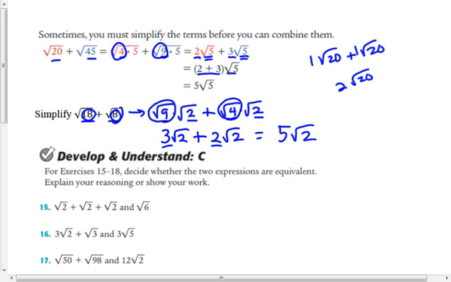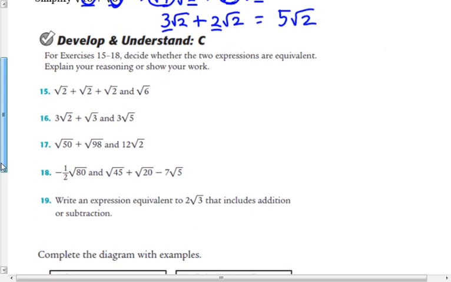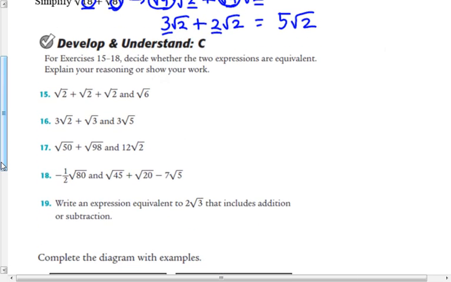All right. So just doing a couple problems like this, we want to see if they're the same or not. So we have square root of 2 plus square root of 2 plus square root of 2. Is that equal to the square root of 6? Using our idea that we just learned, these are all 1 times the square root of 2, right?